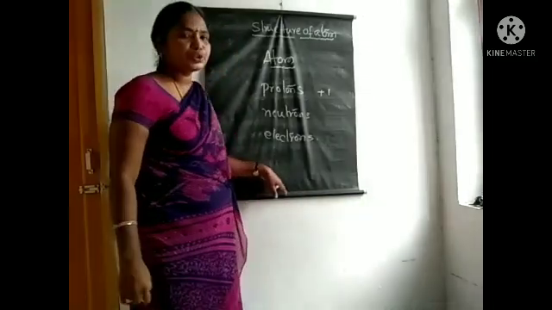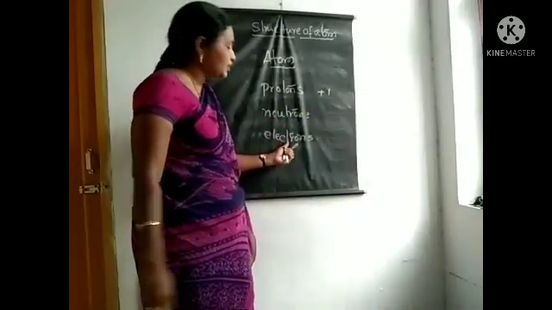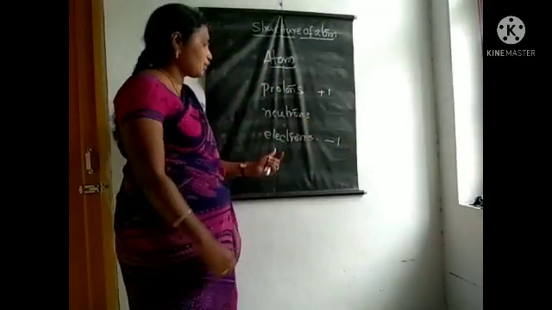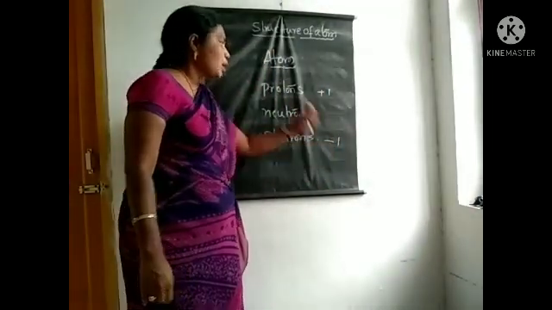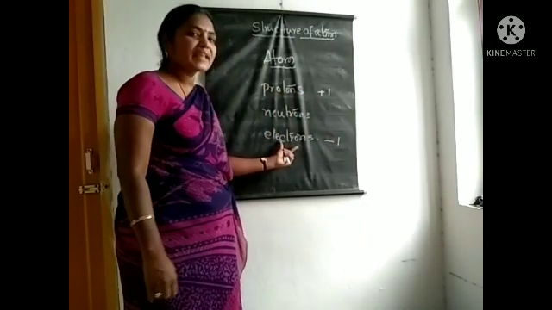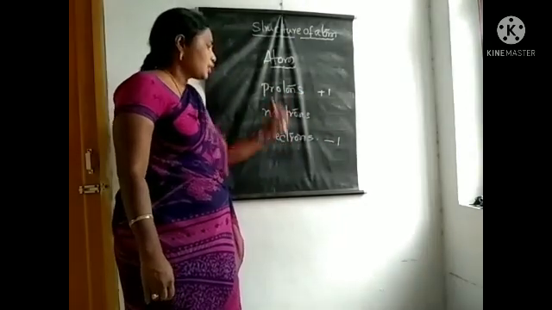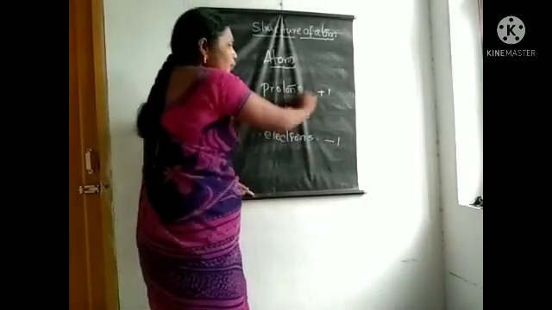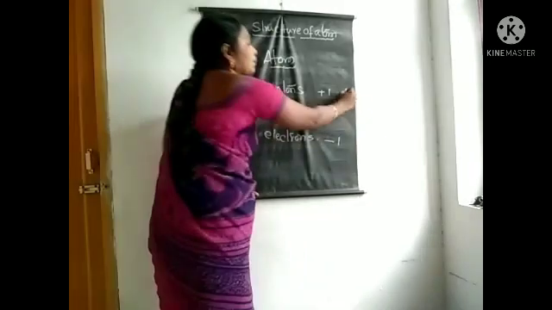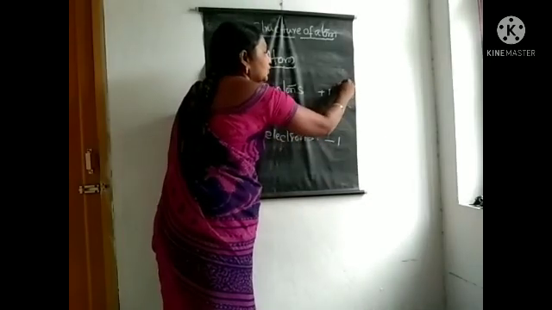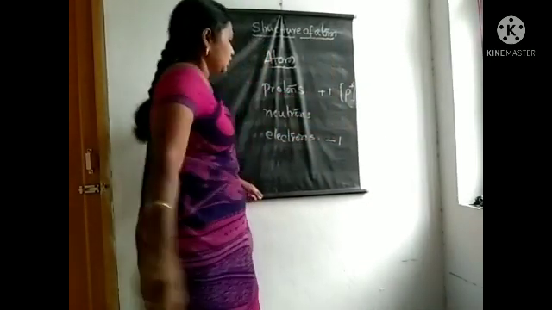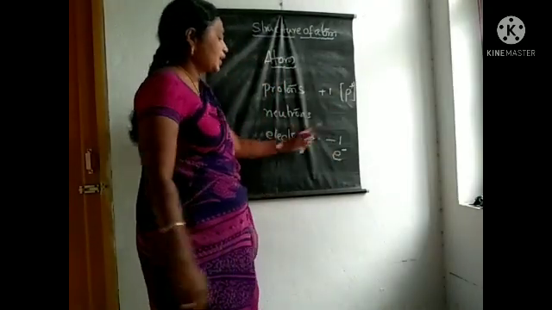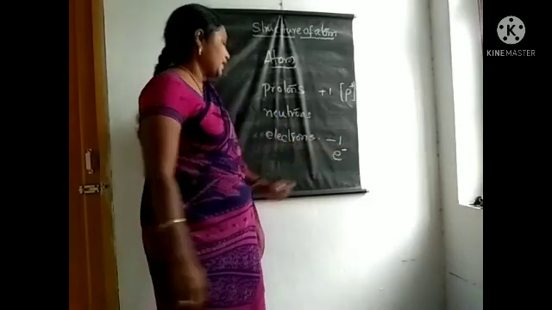Proton has a magnitude of plus 1. Electron has a magnitude of minus 1. Protons and electrons have the same magnitude. Protons are designated by P plus, and electrons are designated by E minus.